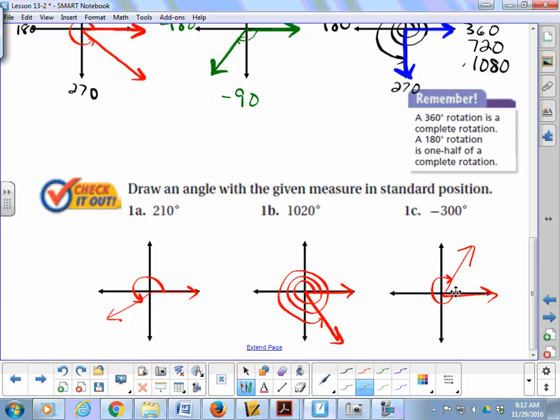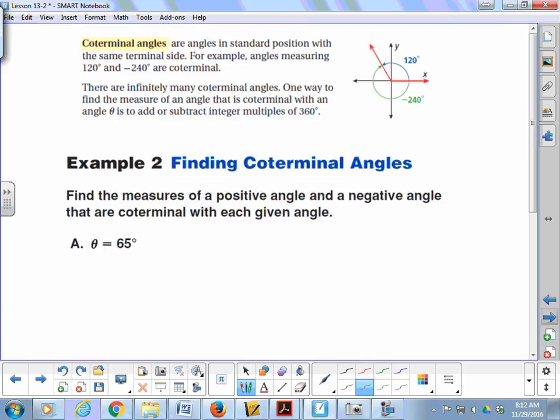Easy. Okay. All right. Next thing is then finding what are called coterminal angles. Now, coterminal angles are angles that terminate at the same spot. So here they show the example of 120 degrees and negative 240 degrees.